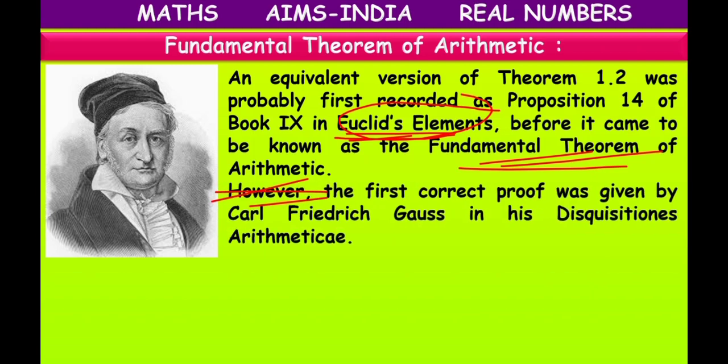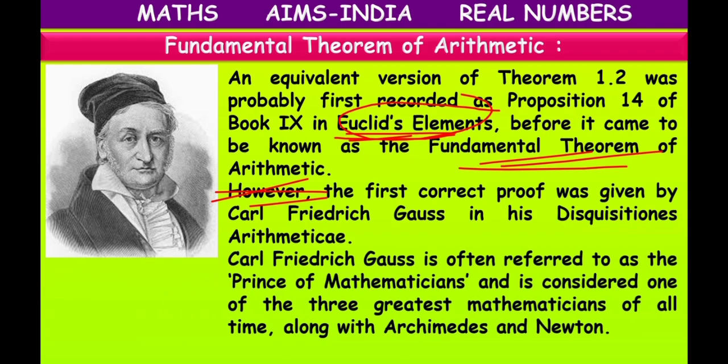But the first correct proof was given by Carl Friedrich Gauss in his book Disquisitiones Arithmeticae.